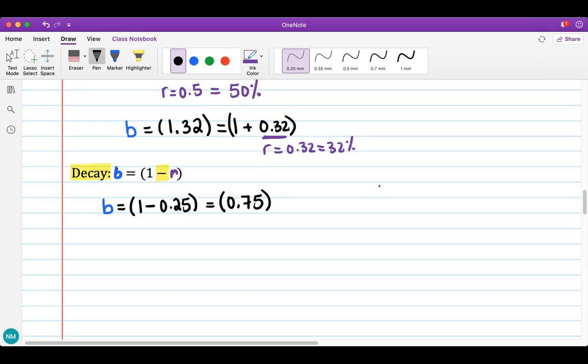So this is what it would look like in the function. It would be something like y equals 0.75 to the x. But the question is, is it growth or decay? We know it's decay because it's less than 1. But what is the rate at which it is decaying? The rate at which it is decaying is this 0.25. So R equals 0.25, which is the same thing as saying 25%.